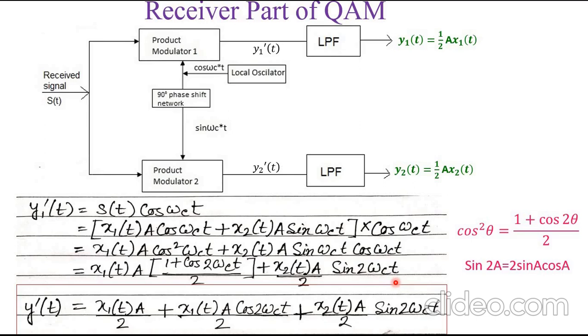So now after solving this, y1'(t) equals x1(t) A by 2 plus x1(t) A by 2 into cos 2ωct, because we are multiplying this x1(t) into A with this, so it will be x1(t) into A by 2 plus x1(t) into A by 2 into cos 2ωct, and plus x2(t) A by 2 sin 2ωct.